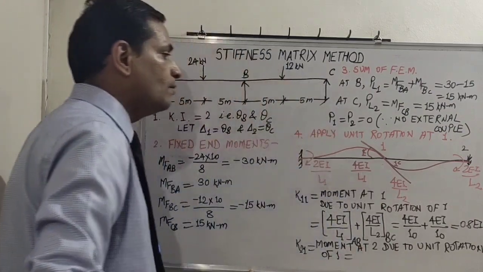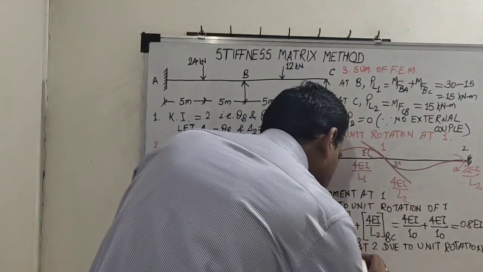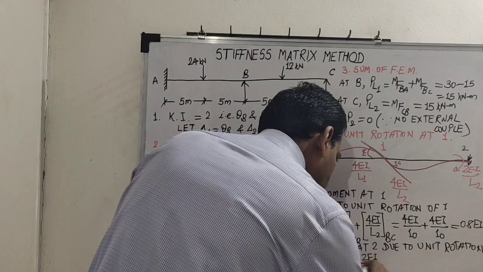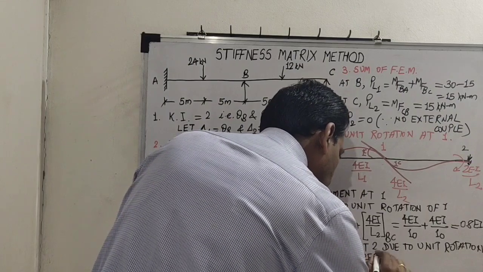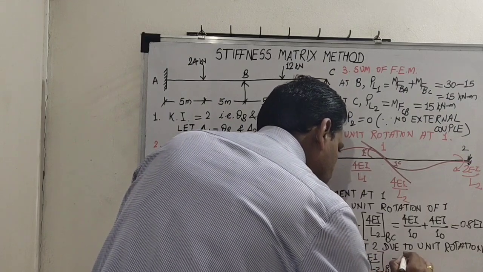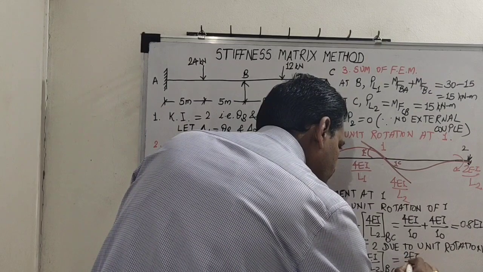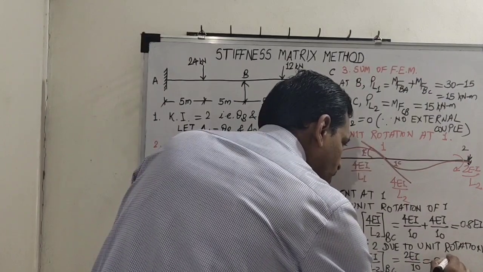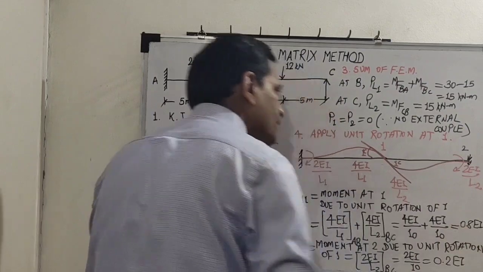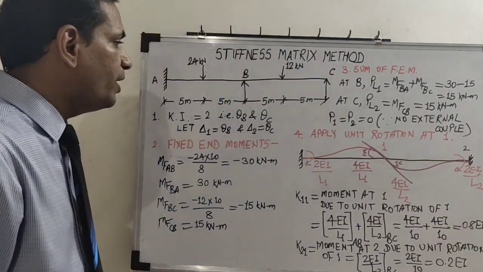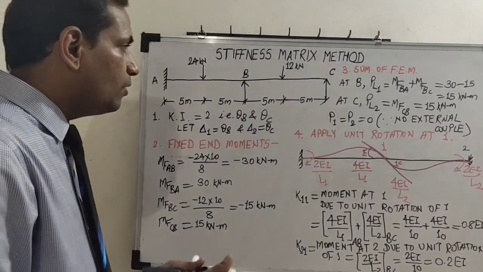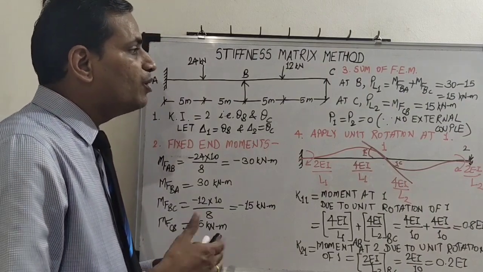What is the value? 2 EI by L2. This is for span BC. So this is 2 EI by 10. So the value is 0.2 EI. Okay. 0.2 EI.